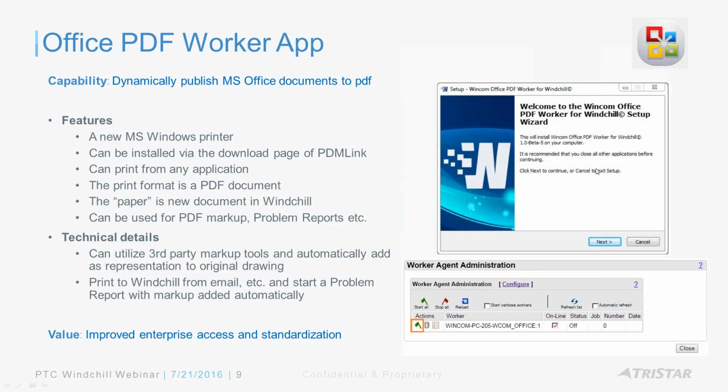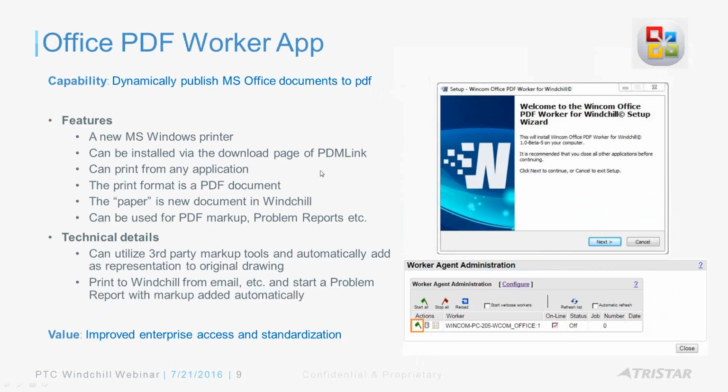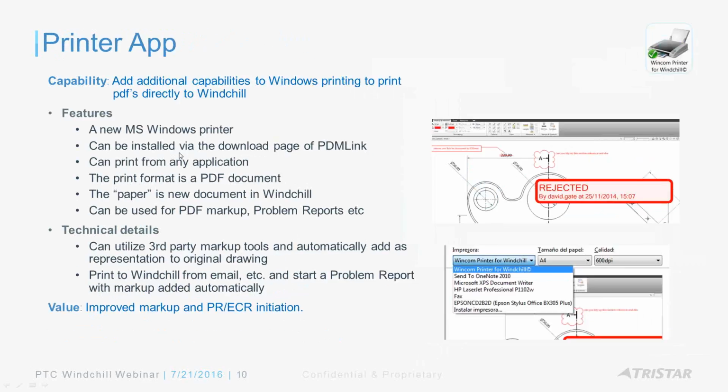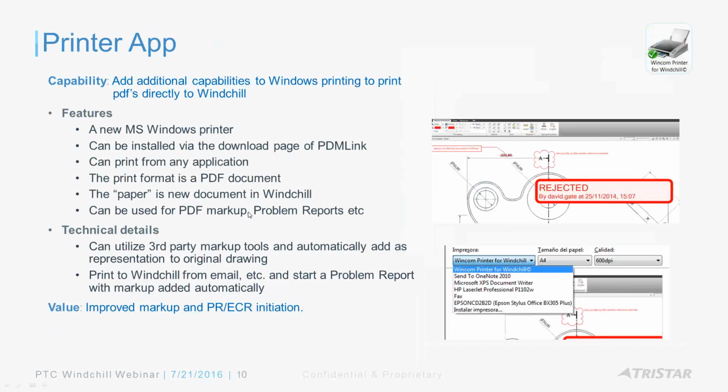This is just an installation to the Windchill server, and this creates essentially another worker to convert any Microsoft Office supported file to a PDF. So this worker can just convert those files.